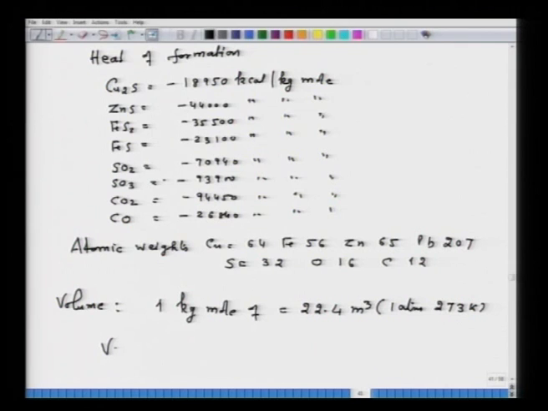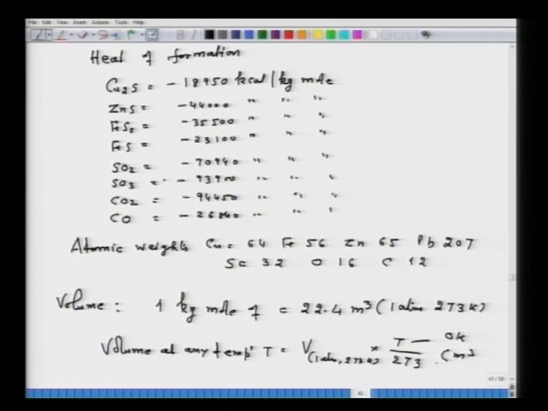So the volume of gas at any temperature T will be equal to V at 1 atmosphere and 273 Kelvin into T upon 273, where T is in degree Kelvin. That will be in meter cube at 1 atmosphere and the referred temperature.